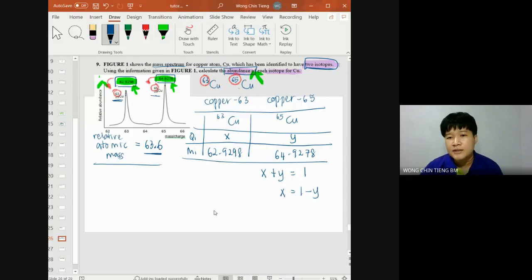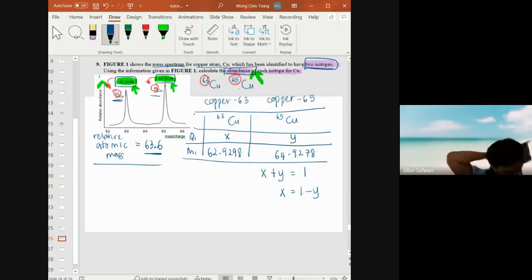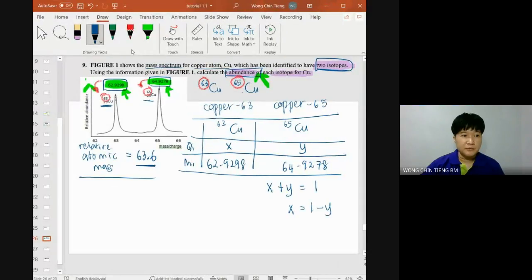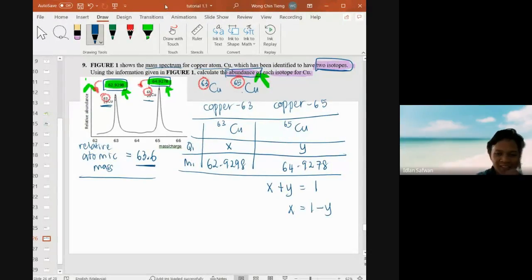Rasa-rasa kita mula dengan average terus atau kita mula dengan relative formula? Perlu tak mula dengan relative question? Perlu. Sebab apa perlu?